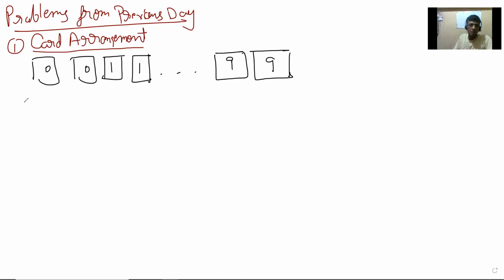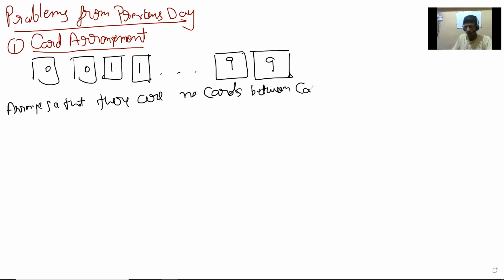Now the question was, is it possible to arrange so that there are no cards between the cards labeled 0, 1 card between cards labeled 1, and so on.